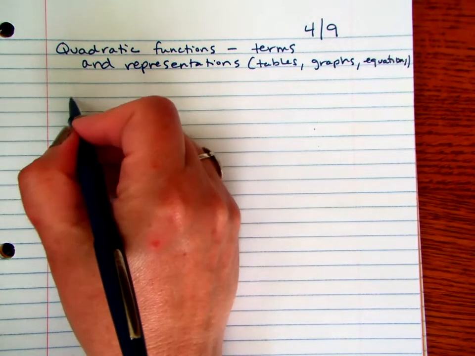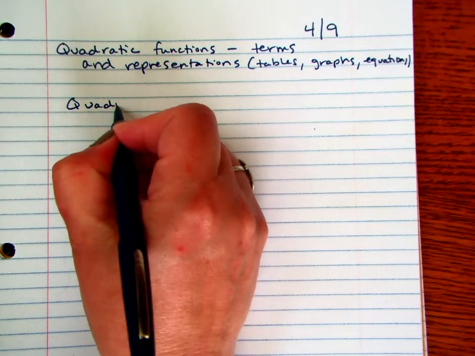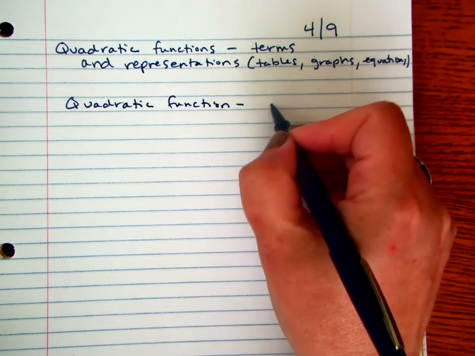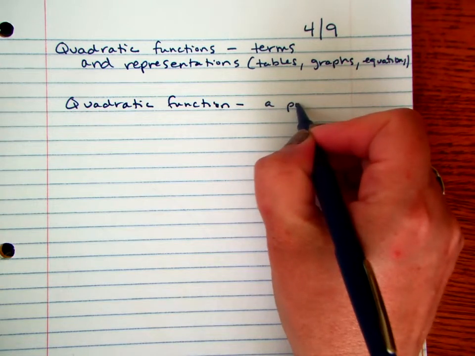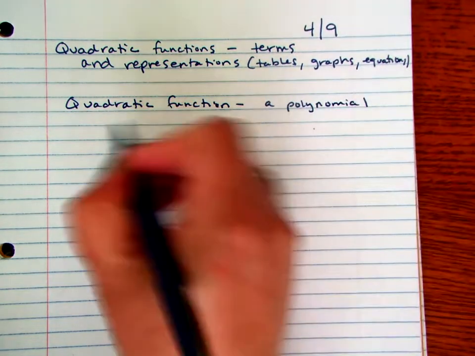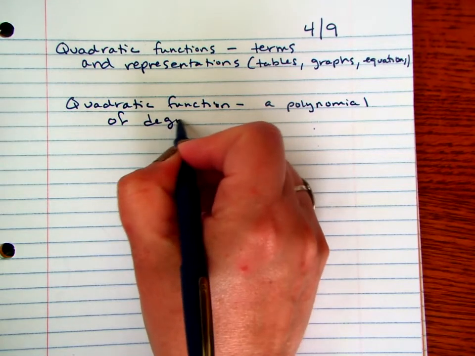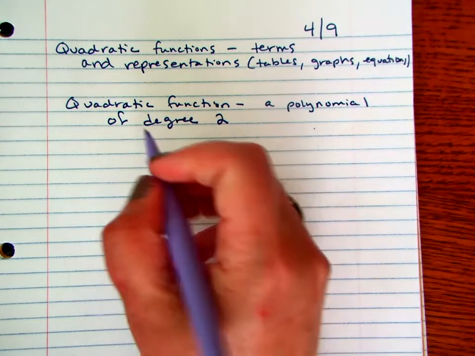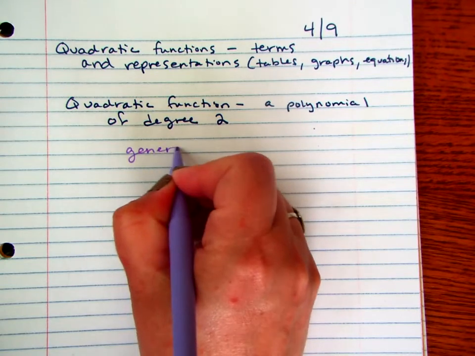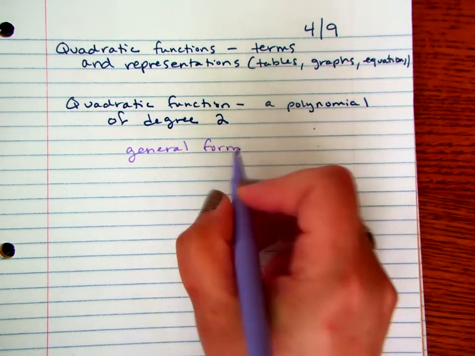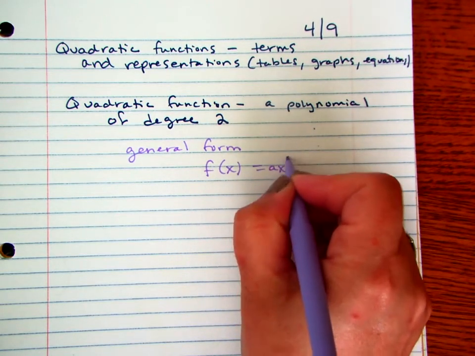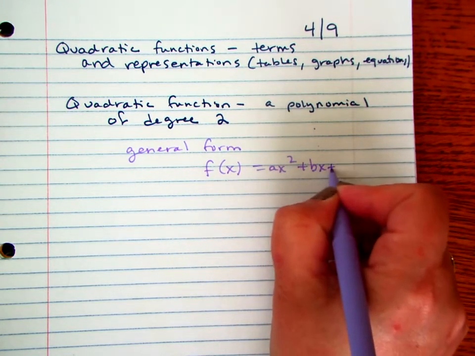Okay, so the general idea of a quadratic function is that it is a polynomial of degree 2. And the general form of that is f of x equals ax squared plus bx plus c.